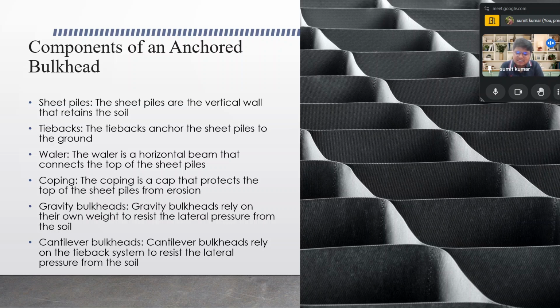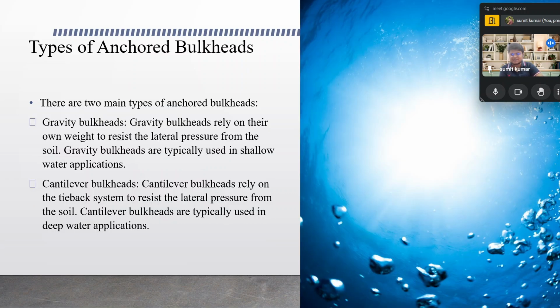The next one is the gravity bulkhead. Gravity bulkheads rely on their own weight to resist the lateral pressure from the soil. Cantilever bulkheads rely on the tieback system to resist the lateral pressure from the soil. Now, what are the types of anchor bulkheads? They are the gravity and the cantilever.